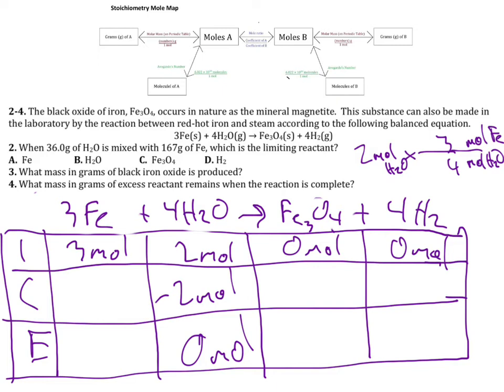So if you do 2 divided by 4 times 3, that's 1.5. And so we would need 1.5 moles of this, and notice how we end up with 1.5 moles left over.